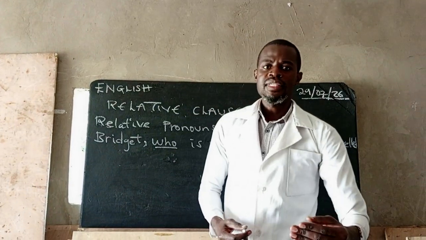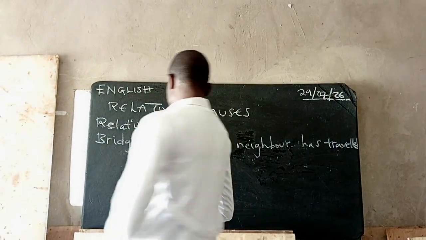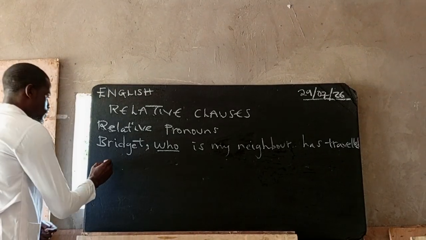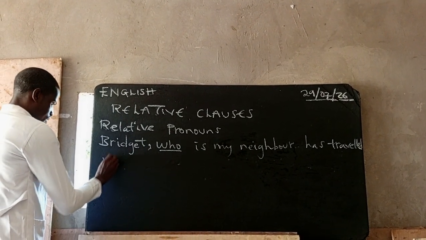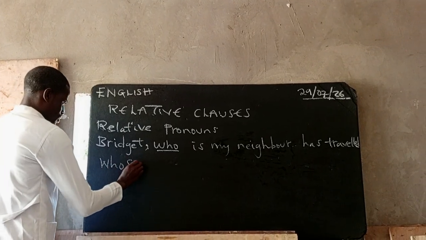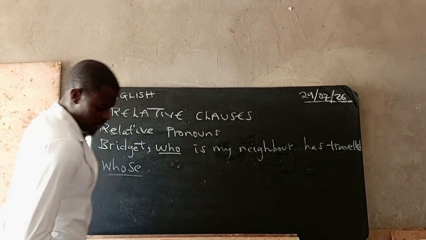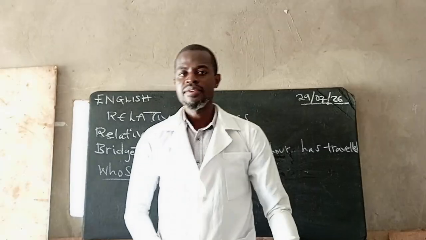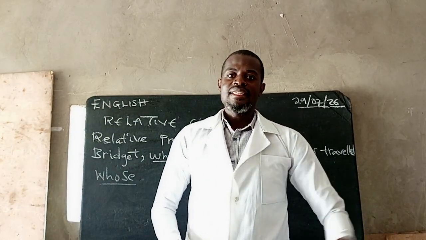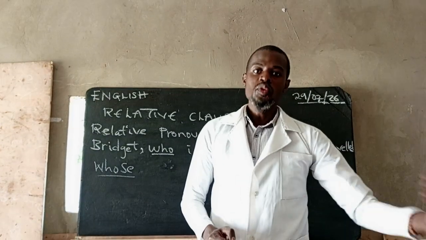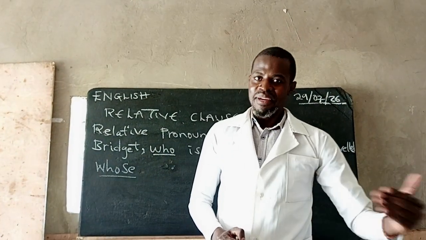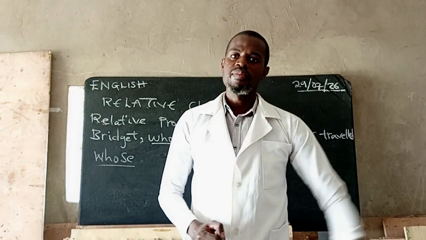The next point I want to touch on is the use of whose as a relative pronoun. Remember the other relative pronouns we have, which, and whom. In my future videos, I'll explain how we use whom in relative clauses.